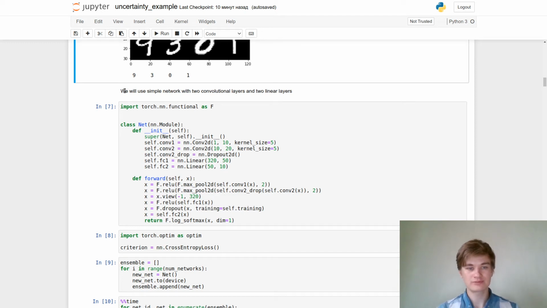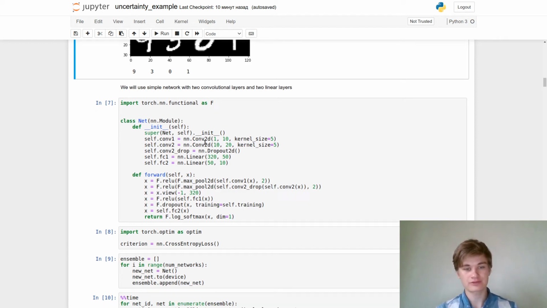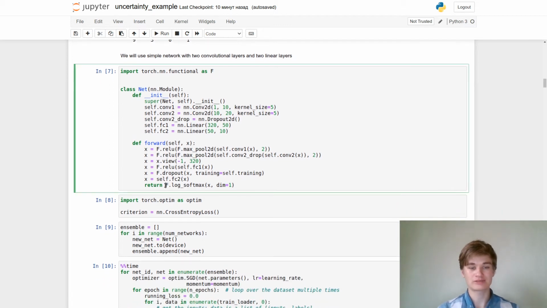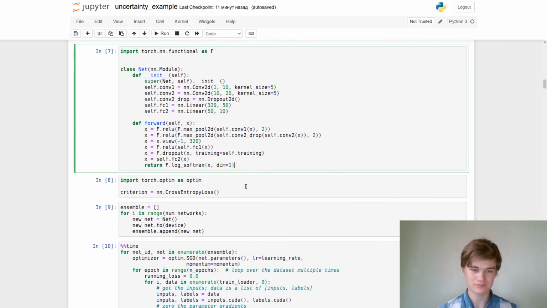We will use a simple network here with 2 convolutional layers and 2 linear layers. And we will use log softmax because it is more stable to calculate.